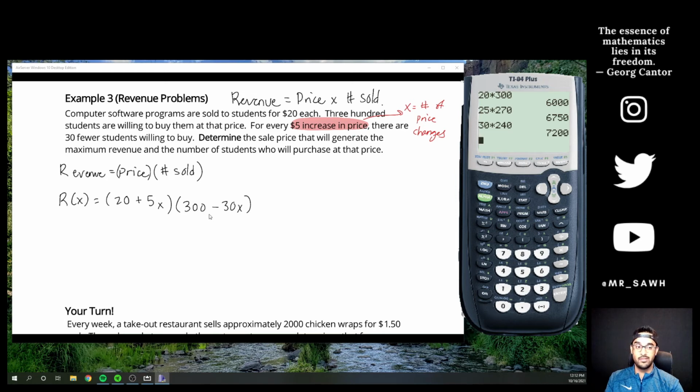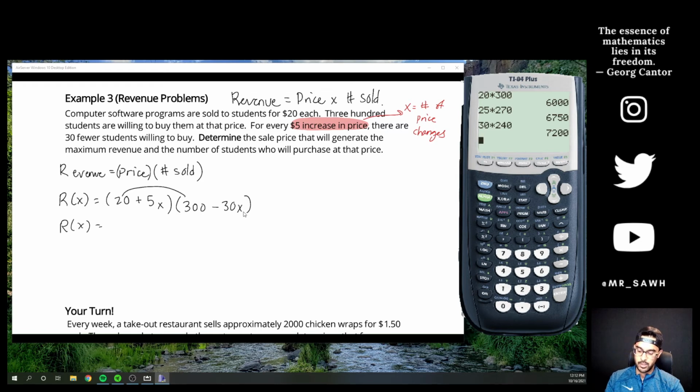Now, it's in factored format, but what I can do is write it in a completed the square format, our vertex form, our standard form for this. In order to do that, I need to multiply all my terms out first and then complete the square.